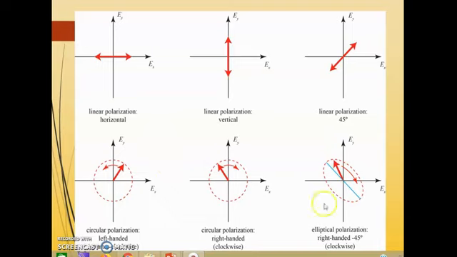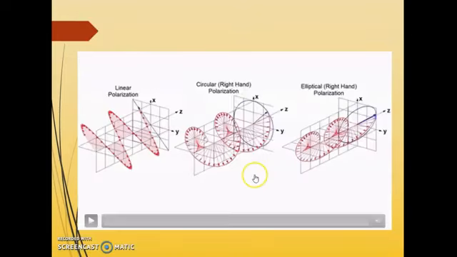Now, a clearer picture of these three kinds of polarization can be understood from the next video. Just check it out. Over here, as you can see, this is my plane polarization. Magnitude is changing, not the orientation. Orientation is only restricted along this plane, which is denoted by this blue line.